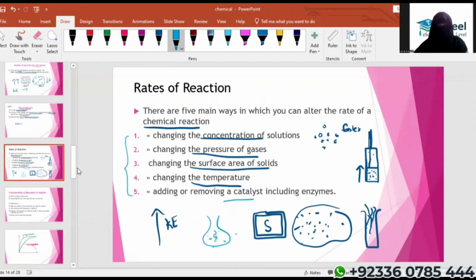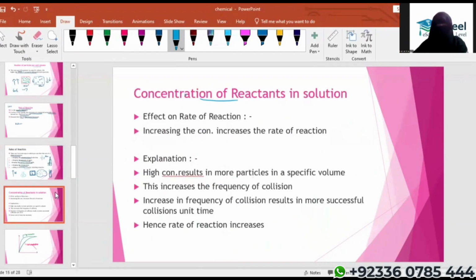Earlier, we saw that increasing the concentration of solutions increases the rate of reaction. Let's say you have 2 cups of juice, okay? One that is labeled as pure juice and the other that is labeled as not pure, store bought, okay?